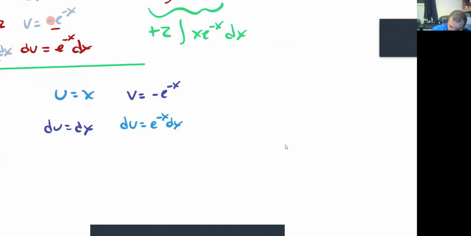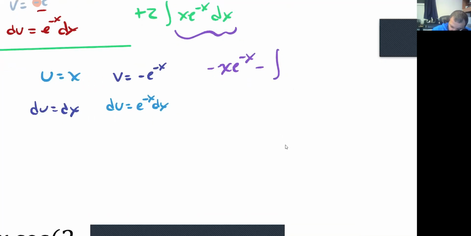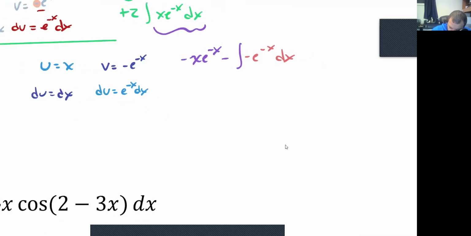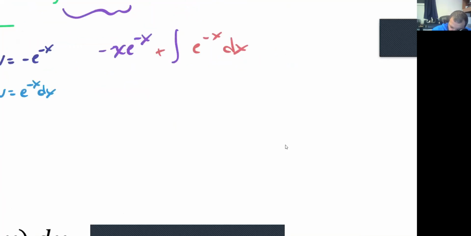All right, so then this integral is going to be u times v, so negative x e to the negative x minus the antiderivative of v du. So again, we're going to get a positive in a second, negative e to the negative x dx, which is just going to be plus. Let's make it a little bit easier and use erasers. So when we do this antiderivative, negative e to the negative x.